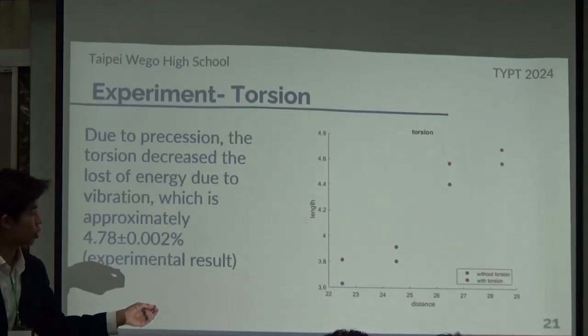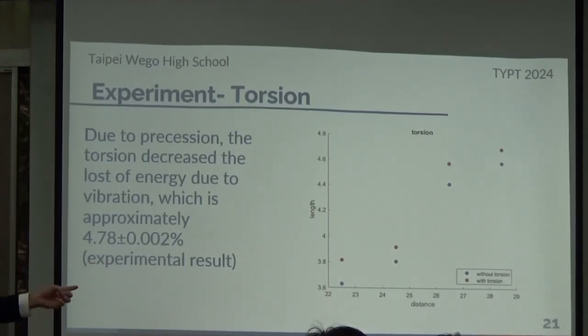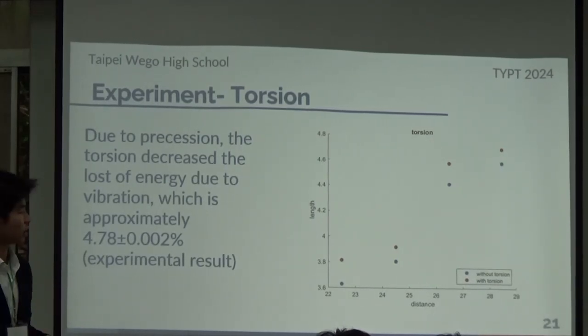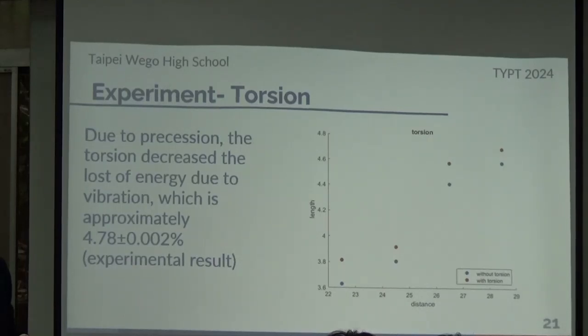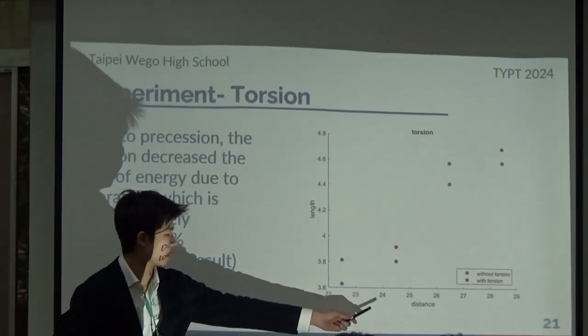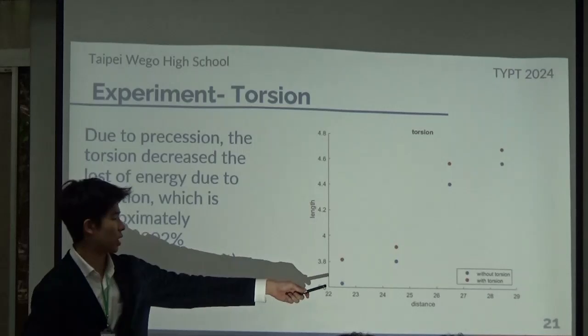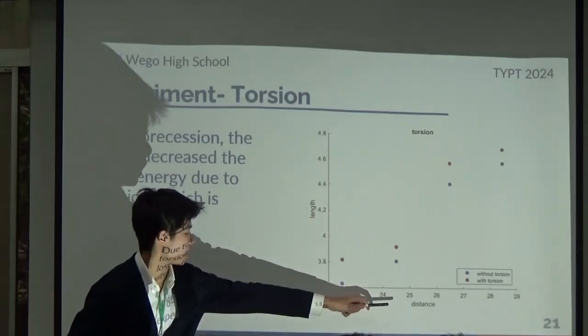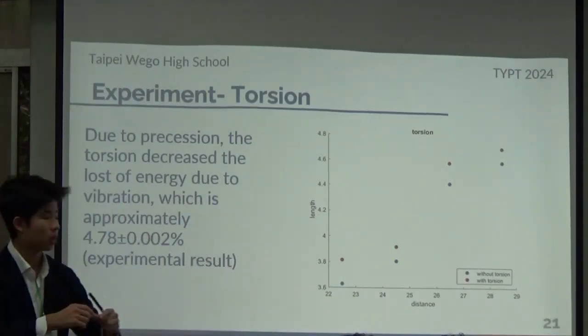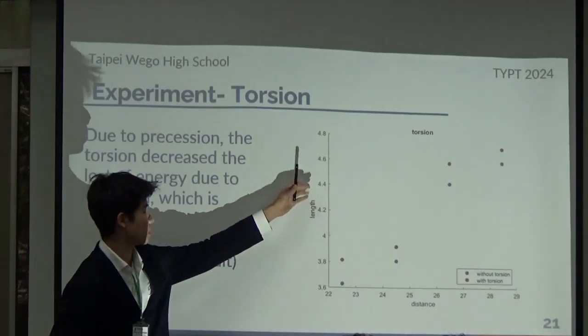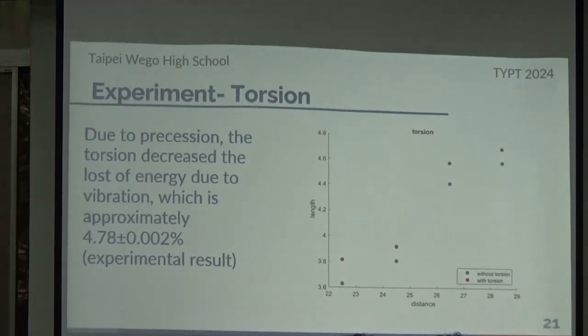With the rubber band shooting with torsion, you'll see the distance may be further. The xy axis might be wrong, and this is the length that we stretch, and this is the distance that the rubber band goes.